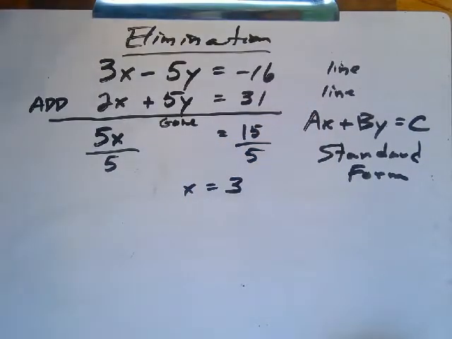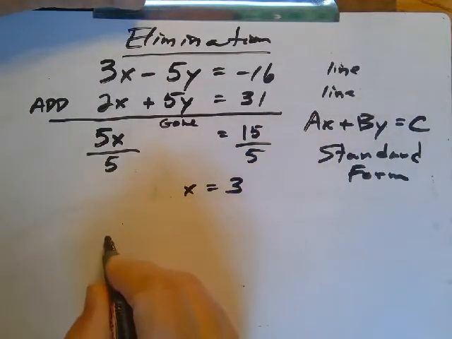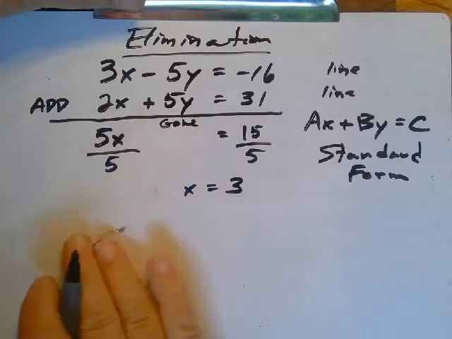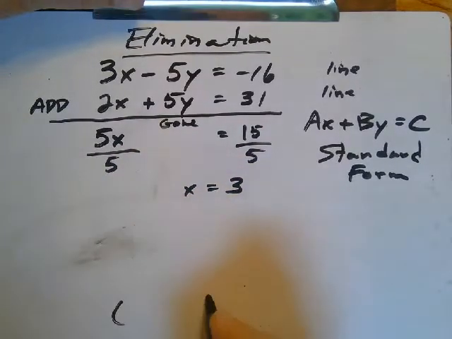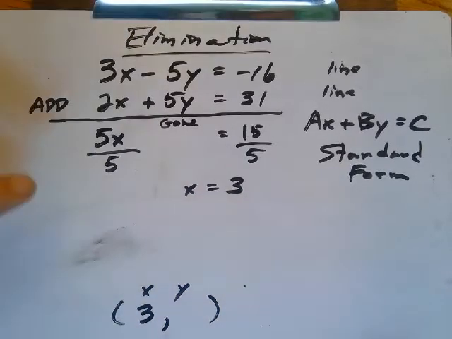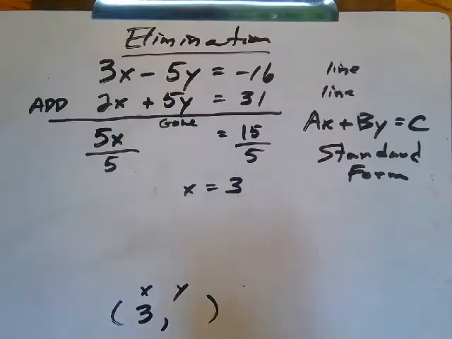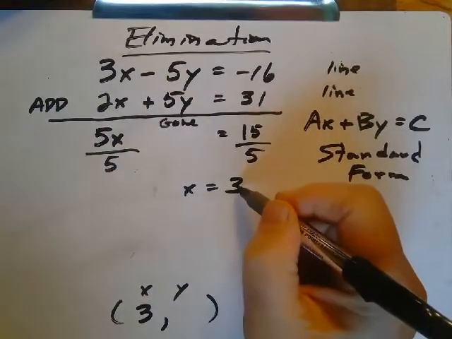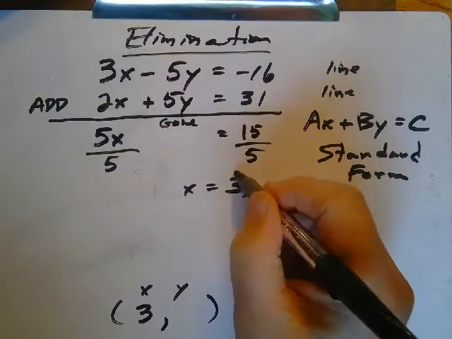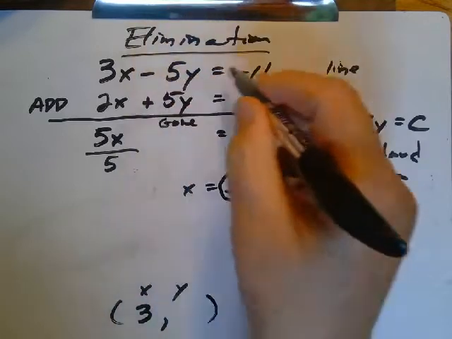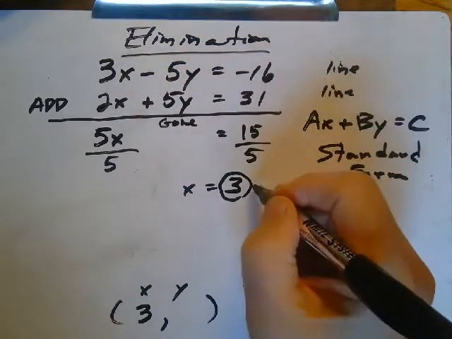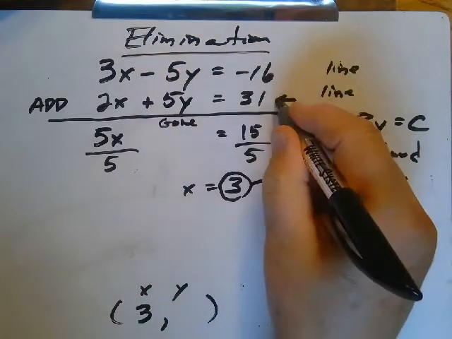So what we find out is that the ordered pair of our answer is going to be an xy pair, 3 something. In order to find the y value, we're going to take this number now and stick it back in one of the equations. It doesn't really matter which one. I think I'm going to stick it in this one.